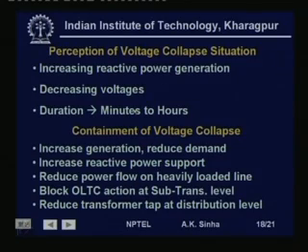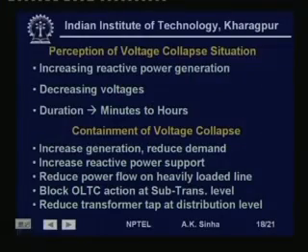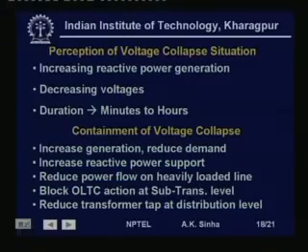How can one understand that a voltage collapse is taking place? How do we perceive that a voltage collapse situation is coming? Well, an operator can see that the reactive power generation is increasing in the system, that is, all generators have increased their reactive power supply, which means basically that the reactive power demand in the system is increasing, and this is being supplied by the generators.